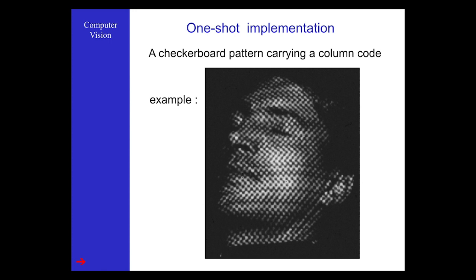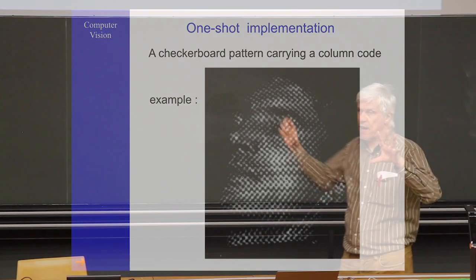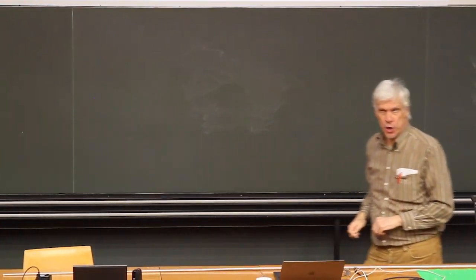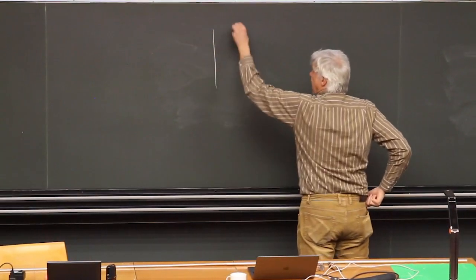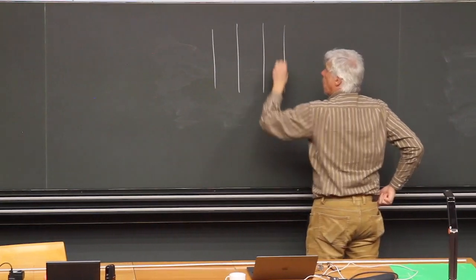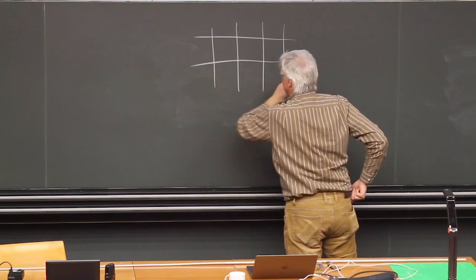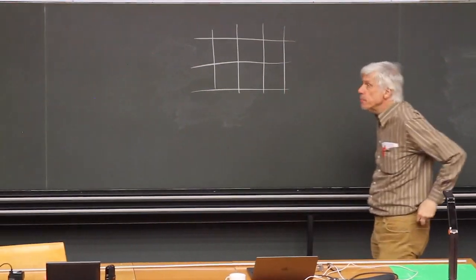And I have to draw the basic principle. So you see this kind of checkerboard being projected. It's the same principle as before. You have a projector from one side and then a single camera looking from another, in a slightly different position. And we have this checkerboard of black and white patterns being projected.